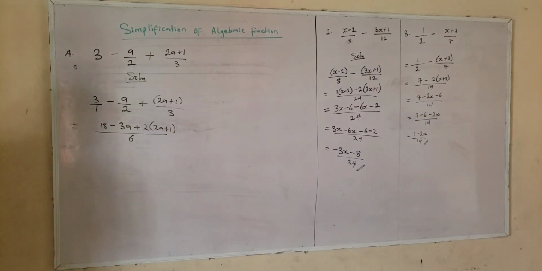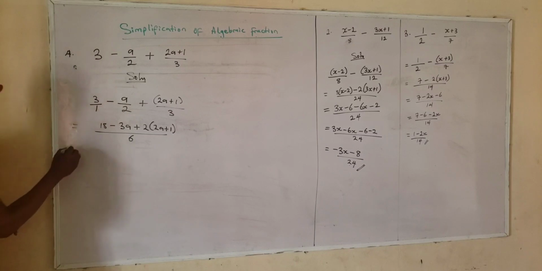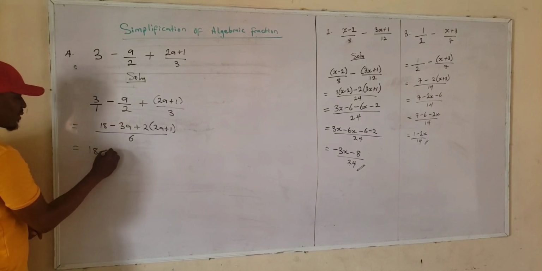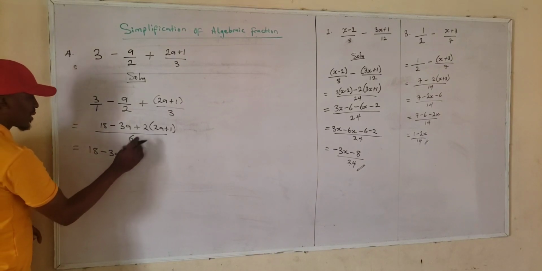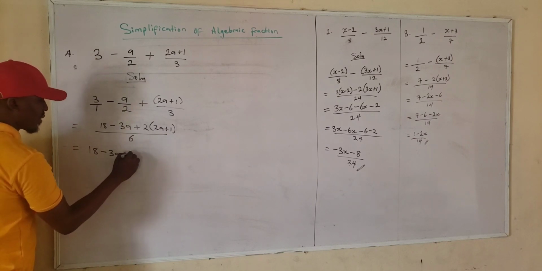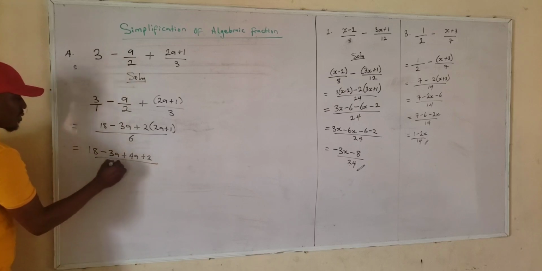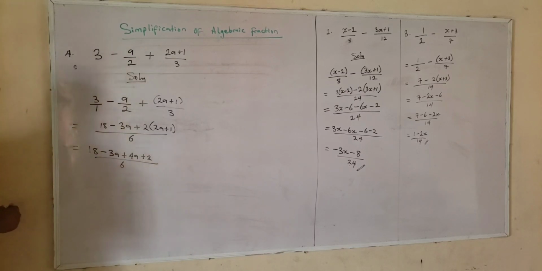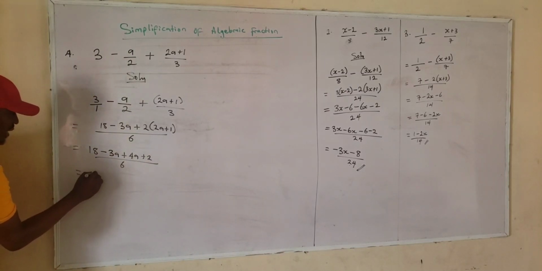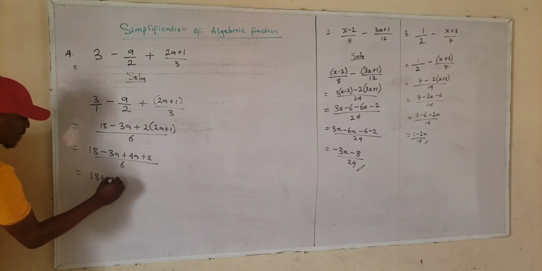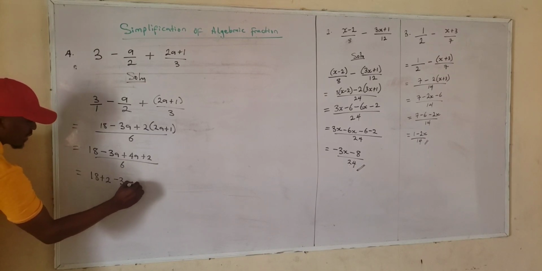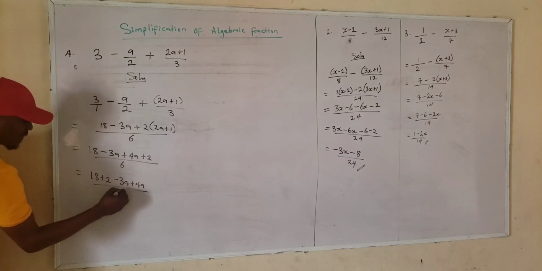Okay, so you open the bracket, collect like terms, so that will give you 18 minus 3a plus 2 times 2a will give you 4a, and 2 times 1 will give you 2, all over 6. So you collect like terms, so that will give you 18 plus 2 minus 3a plus 4a over 6.